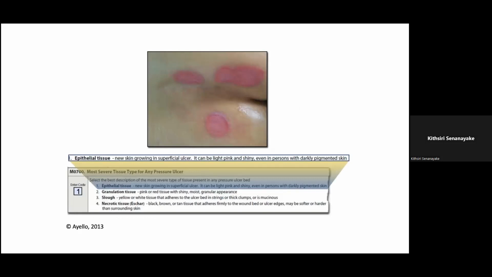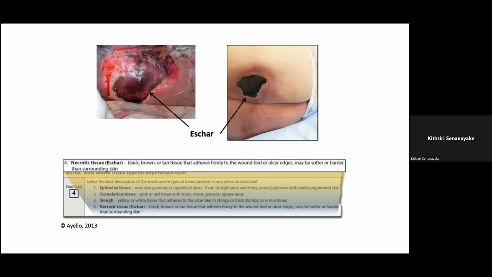So this is nice epithelialization. You should not do any harmful intervention to these, because it's nicely granulating and nicely healing with epithelialization. So let the natural process happen. When it comes to necrotic tissue or eschar, these things need to go away.